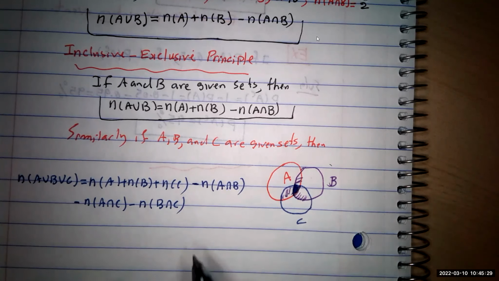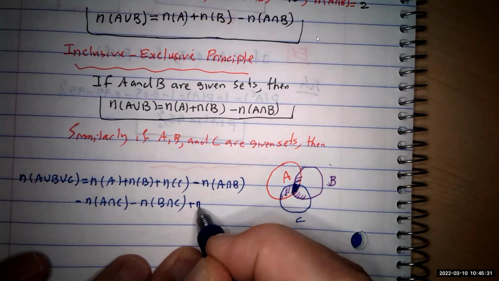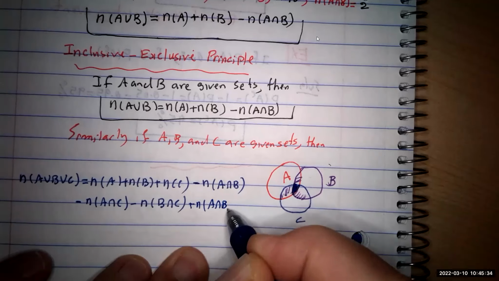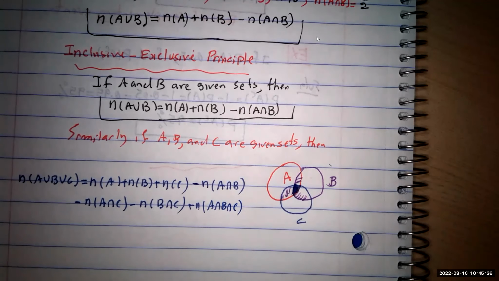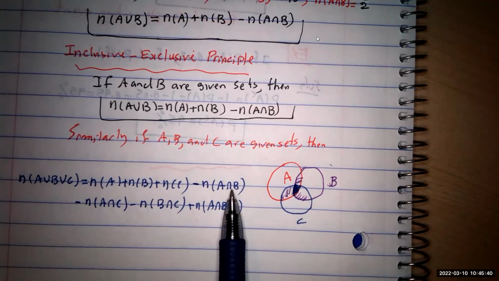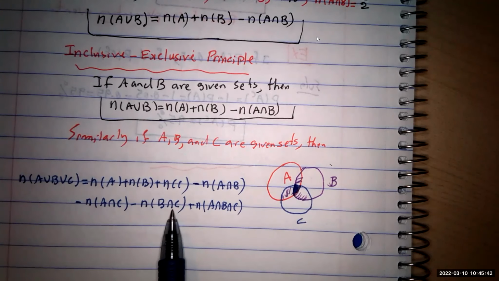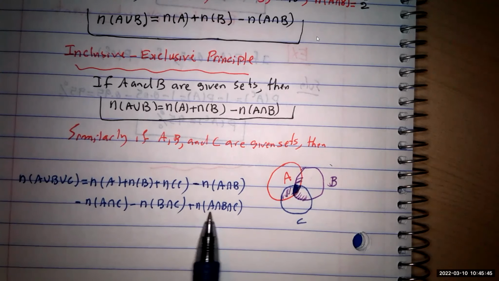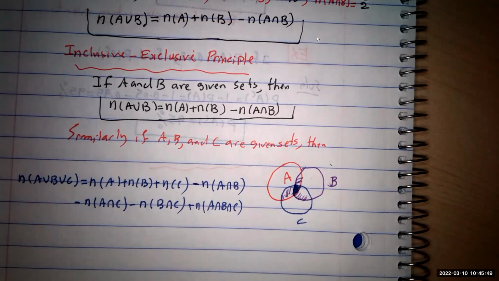So that's why you have to add N of A intersect B intersect C. You see again, inclusive, including the sets, excluding the 2 by 2 intersections, but you have to include the intersection of the three sets. And it can go on forever. What we do for two sets in statistics, if you're doing those types of counting problems, this is the situation that you're going to have.